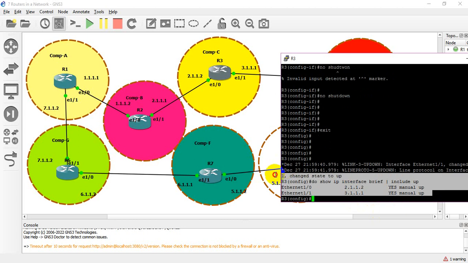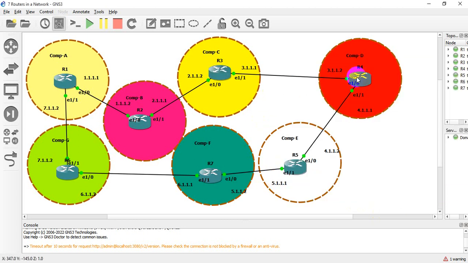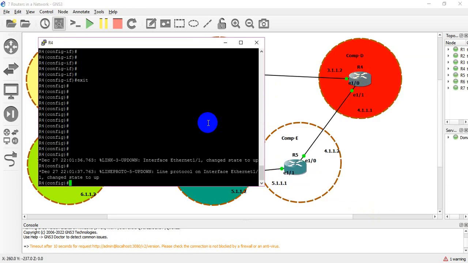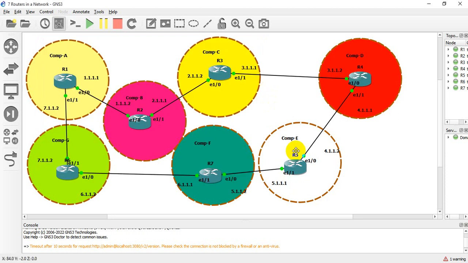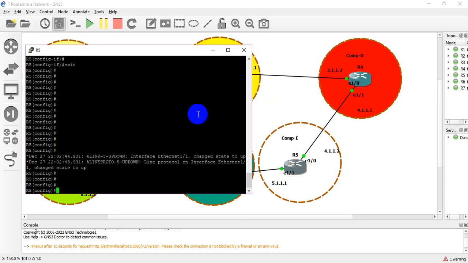Yes, up for communication and IPs assigned. Let's check this one. Yes, it's also correct. Let's check the company E router.